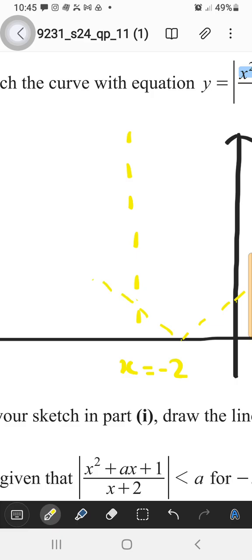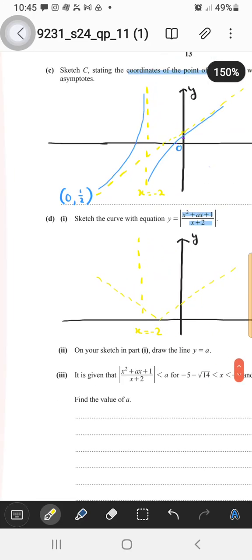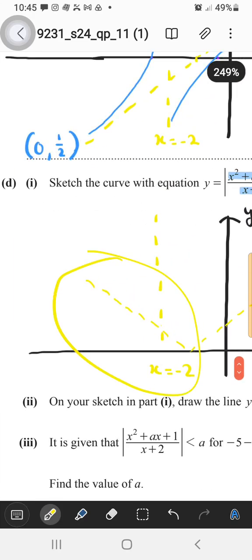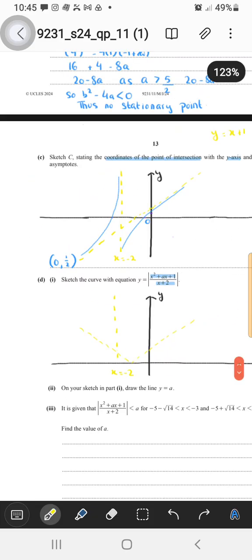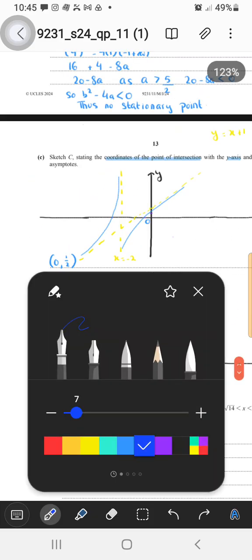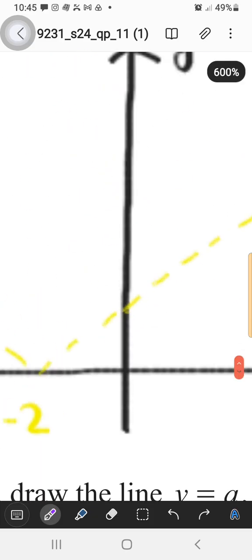Due to the modulus, this asymptote will be here, but the mark scheme doesn't ask for this part of the asymptote, so I prefer you to rub it out, and I will also rub it out after the sketch. And what was the y-intercept?